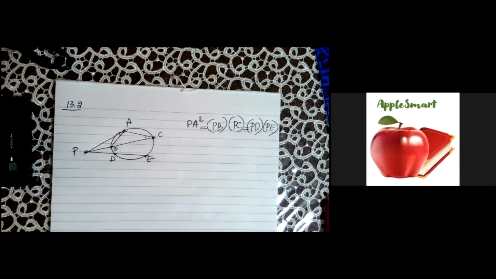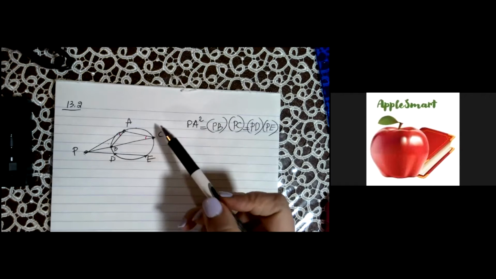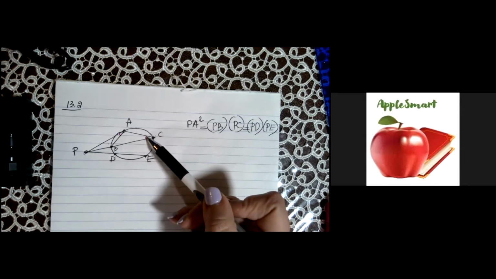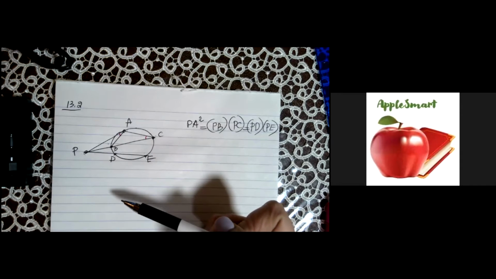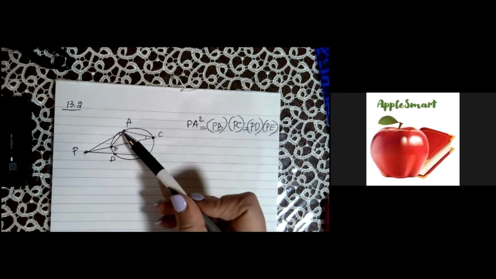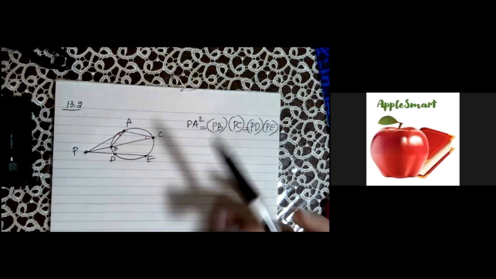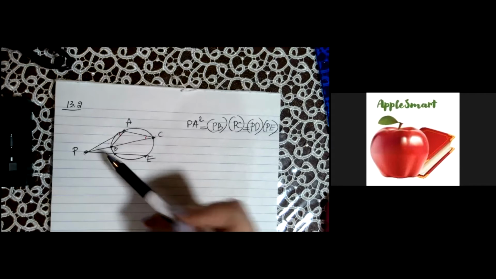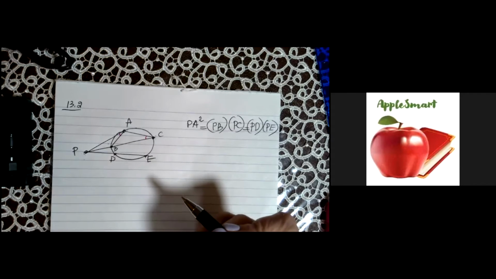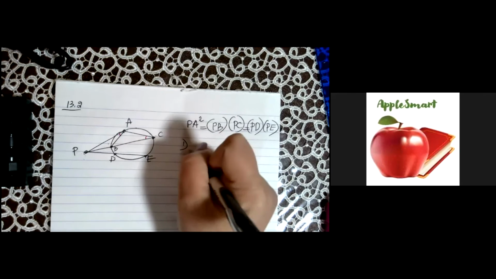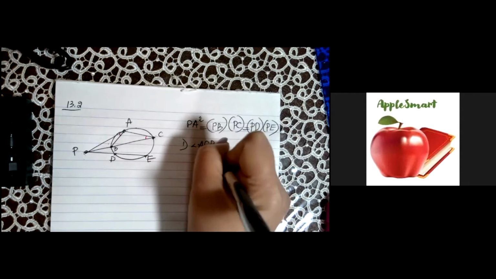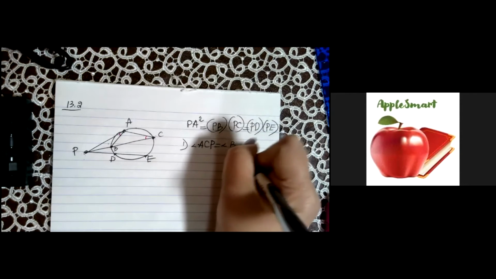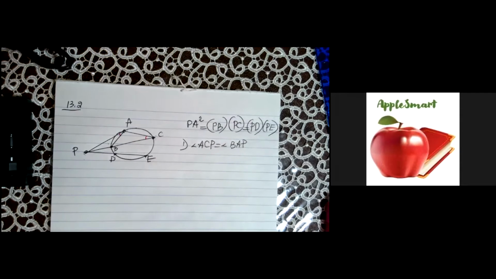Any idea, any suggestion? What do we do here? So again, we're trying to prove that angle ACB is equal to angle PAB. So first step, angle ACP is equal to angle BAP. Anybody, any suggestion, any idea?